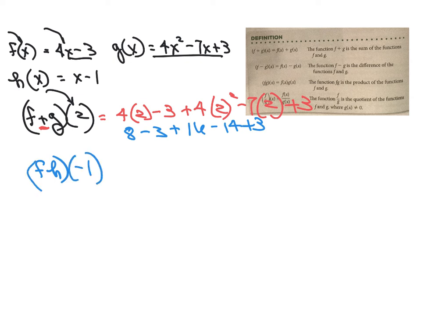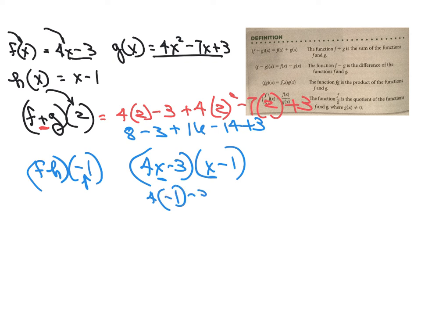We're going to take f of x, multiply it by, whoops, I'm sorry. Yeah, f, now we're going to multiply it by h. And instead of putting the x here and here, we're going to replace it with negative 1. So all that negative 1 does is says this is what you need to put in there for the variable.